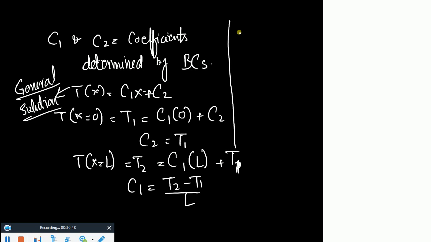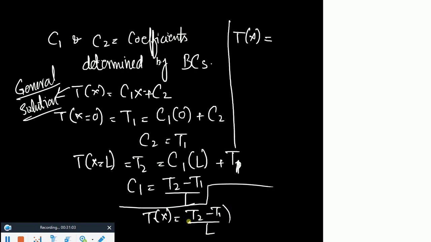You understand it, right? So the particular solution for this 1D heat transfer would be, I think I should write it over there, T(x) equals, what is C1? (T2 minus T1) over L times x plus T1. Do you understand it?